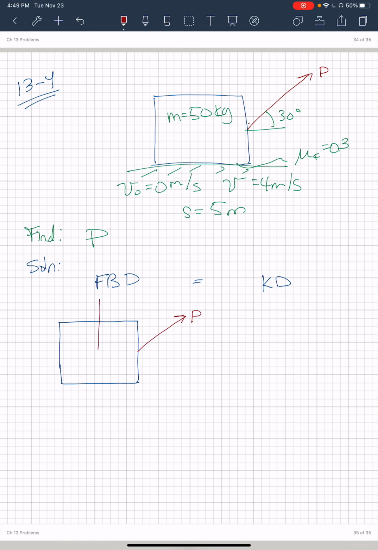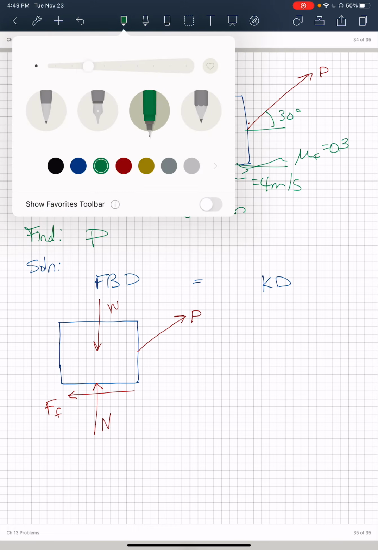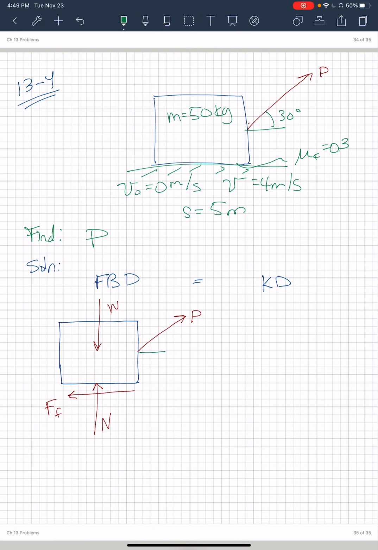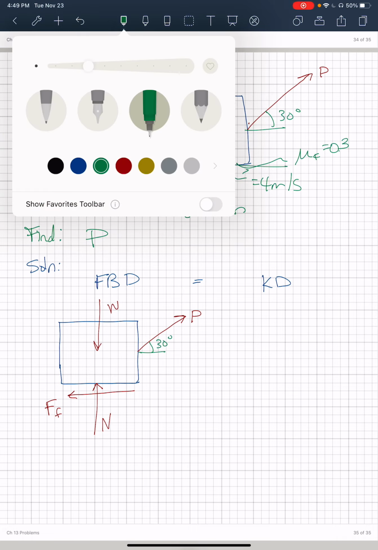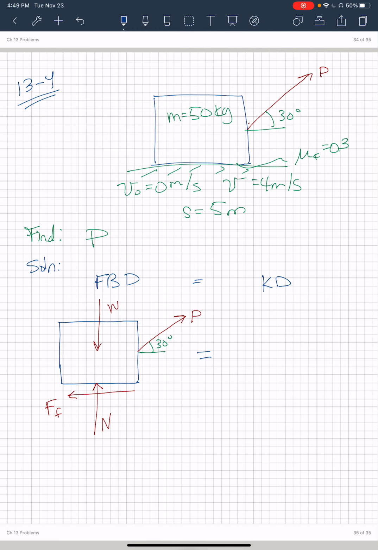We have the weight of the crate. We have the normal force of the crate. And a force of friction. We have this angle. And we'll set that equal to the kinetic diagram.